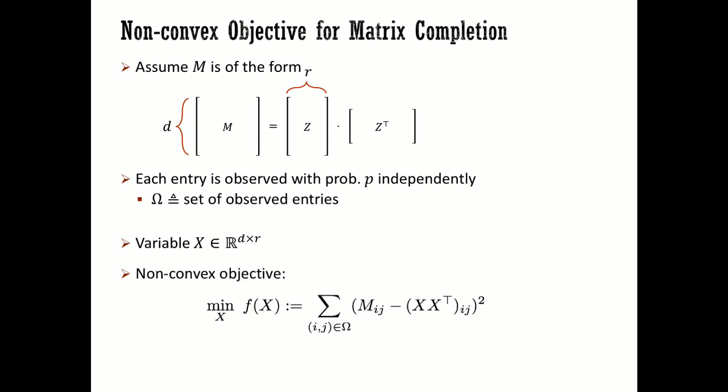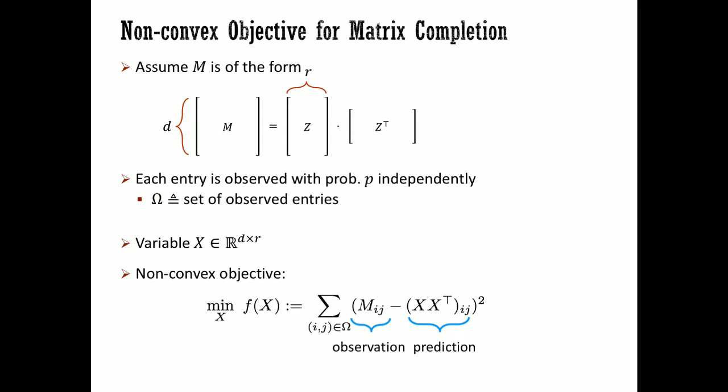We just write down the straightforward non-convex function, which is the sum of the L2 loss over the observed entries. Let me parse this for you. XX^T is our prediction for the matrix M. (XX^T)_ij is the prediction that we make for entry ij, M_ij is the observation, and we compare them. We take the square, and we take the sum over the observed entries.